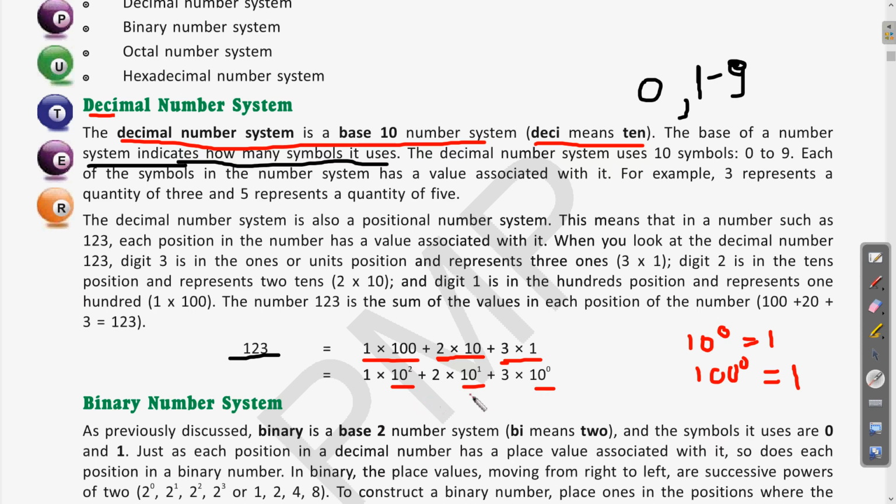And what are the powers? The powers are their positions. The first one is position 0, then the next. Starting from 0, the power keeps on increasing: 10 raised to the power 0, then 10 raised to the power 1, then 10 raised to the power 2. This way the value of these digits is according to their position.